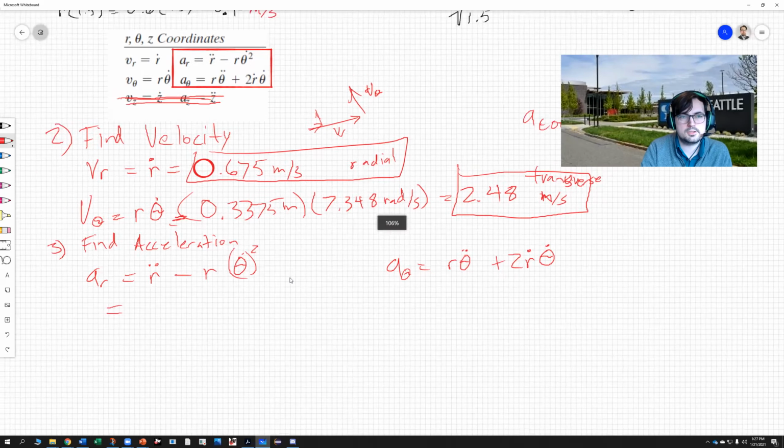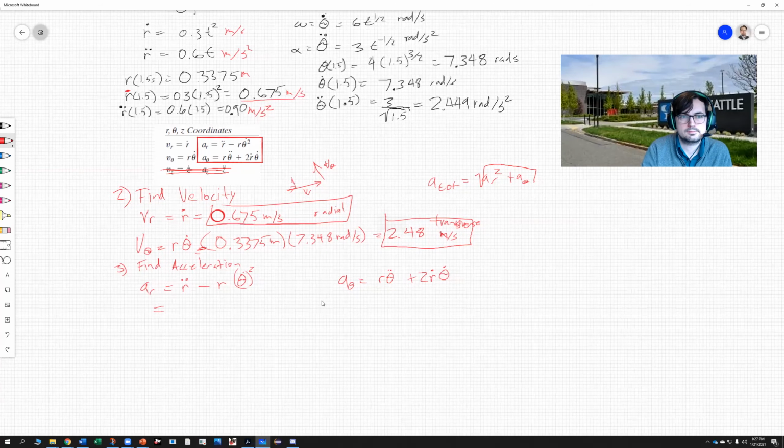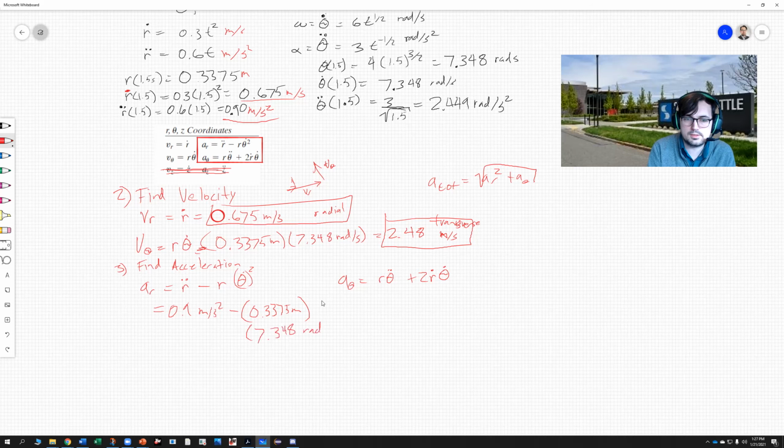So r double dot, coming from up here, is 0.9 meters per second squared minus our radius. Our radius we found was 0.3375 meters times our theta dot squared. Our theta dot in this case is 7.348 rads per second, and then we're going to square that amount.